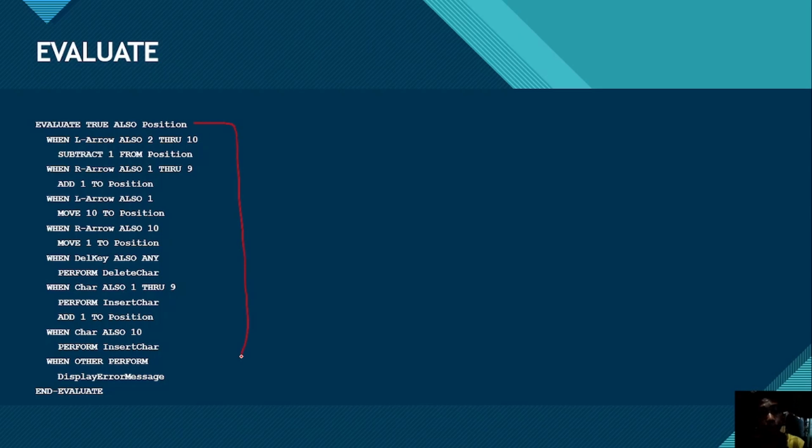So this whole program is executed by the following conditions. We move, we subtract, if when del key also any, means that if it is the value of del key, then any, then we perform delete char.